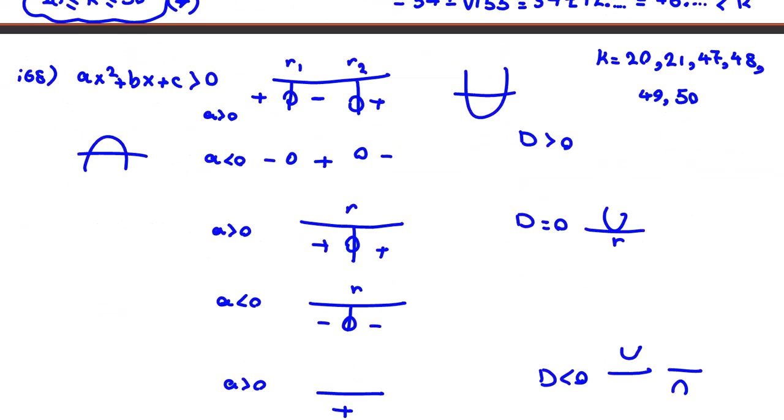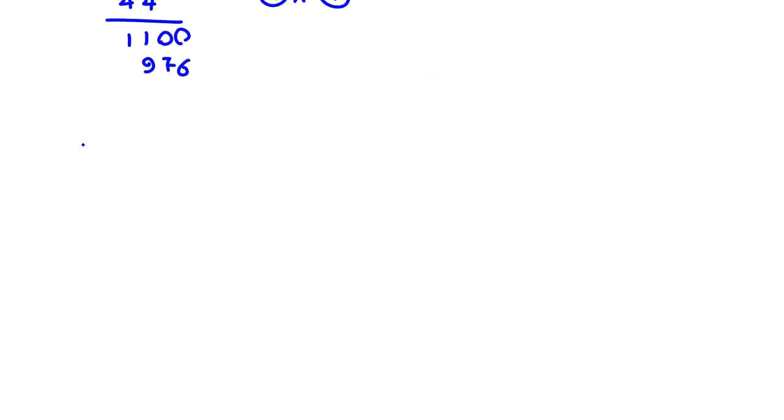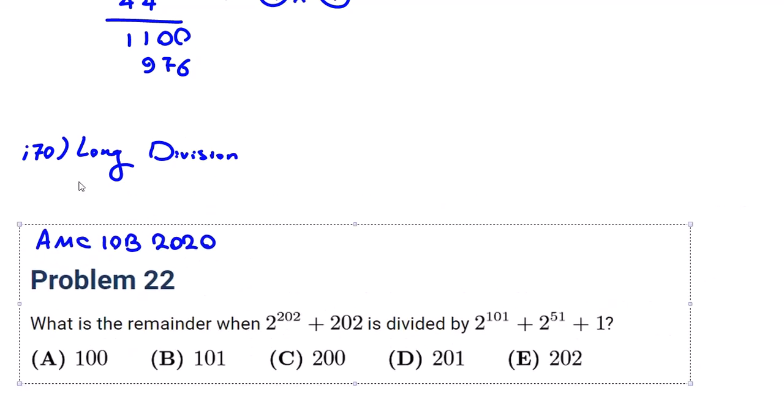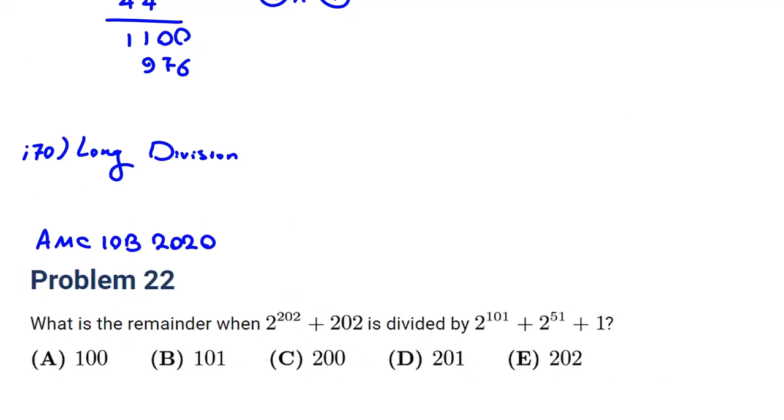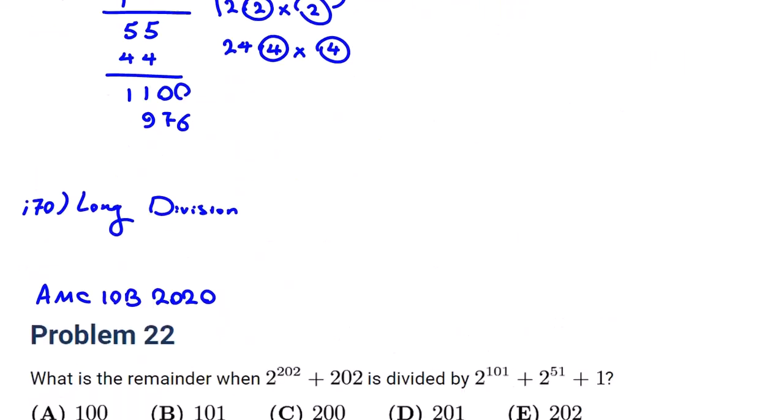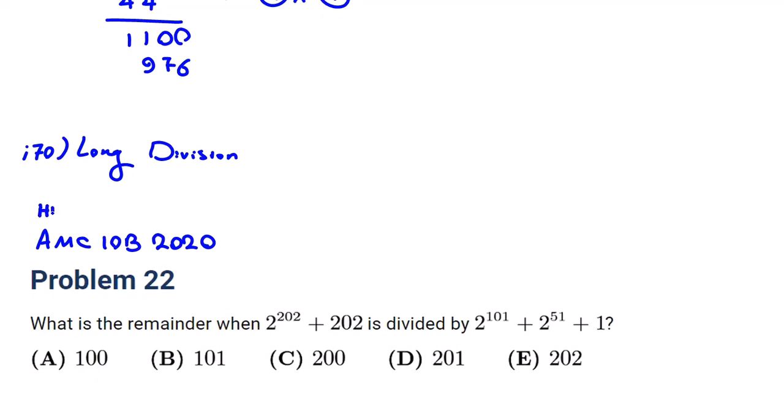Okay, so next idea, after 68, 69, idea 70, you should know long division. And we have an AMC problem. We have this idea in polynomials, but you can also solve this problem with long division easily. It will be homework what? Homework 22. Okay.